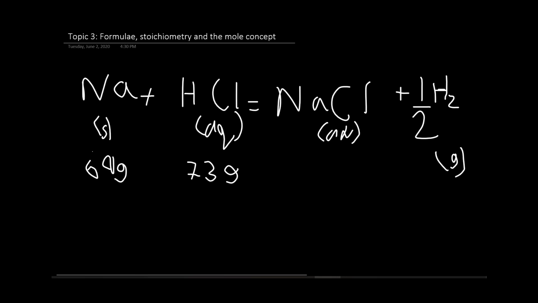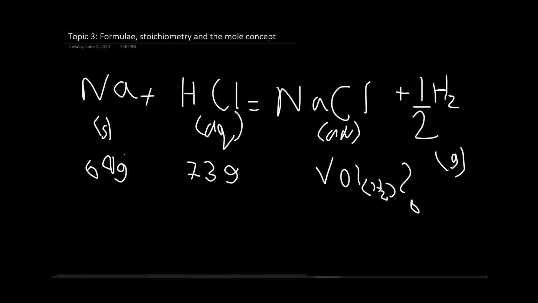So you've been given 69 grams of sodium and 73 grams of HCl. Now you're asked what volume of hydrogen gas will be produced from this reaction.